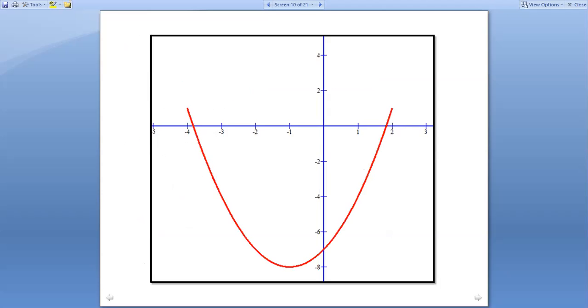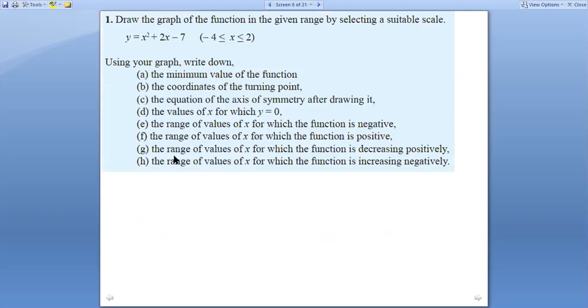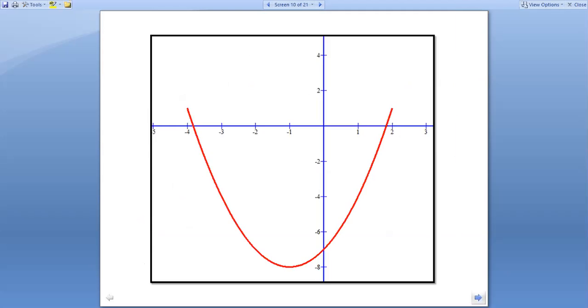The next part is the range of values of x for which the function is decreasing positively. So there are four cases. From here to here, the function decreases positively. From here to here, function decreases negatively. From here to here, function increases negatively.